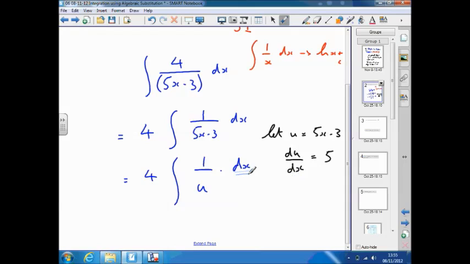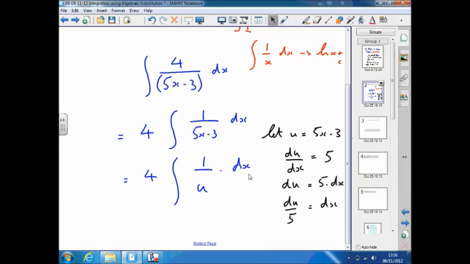So I multiply both sides by dx, du equals 5 times dx. Divide both sides by 5. Du over 5 equals dx. So instead of dx in the integral, I write du over 5.